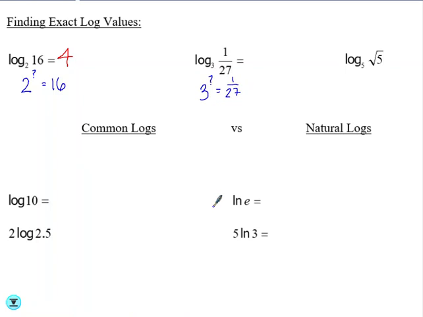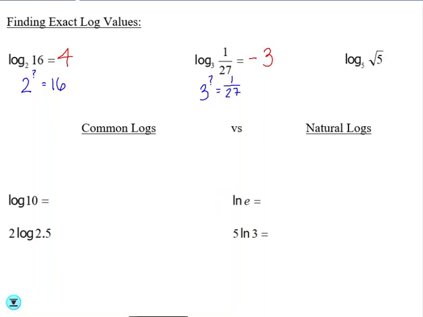When you have fractions, I find it helpful to pretend that there is not a fraction for a minute. 3 to what power would give you 27? Well, that's just 3. Since we are not looking for 3 to what power gives us 27, we actually want 1 over 27. We know that negative exponents mean that we take the reciprocal. So this power is going to be negative 3.